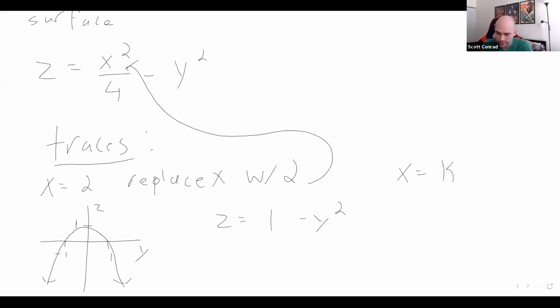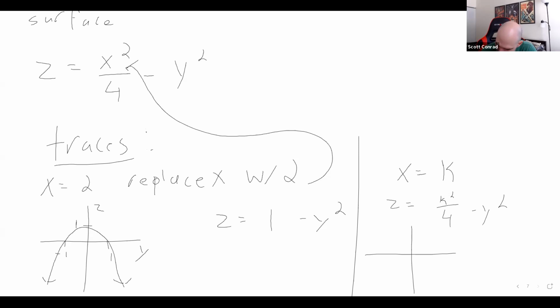In general, for x equals k, when you let k be whatever, you're always going to get parabolas as well. You're going to get the equation z equals, replacing x with k, k squared over 4 minus y squared.